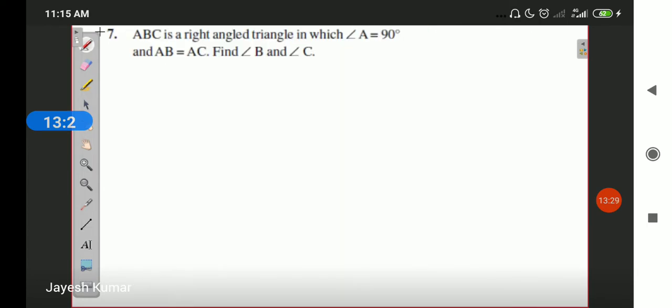Now next is question number 7. There is no diagram given with question number 7. So we have to draw the diagram ourselves. First of all, let us draw a triangle. We are given that ABC is a right angle triangle with angle A as 90 degrees. So we have a right angle triangle. This will be the height, this will be the base.